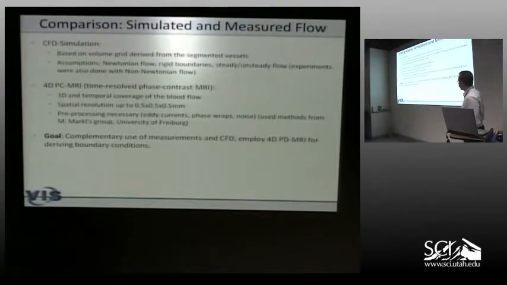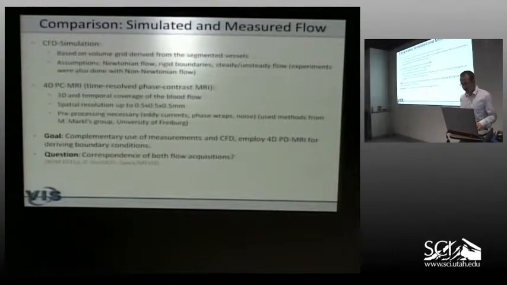At least in my perception, the group from Michael Markel in Freiburg is the leading group in the acquisition of such measurements, and they also came up with a nice MATLAB toolbox where they corrected most of the artifacts. So basically we have re-implemented their tools in order to make use of such measured blood flow data.